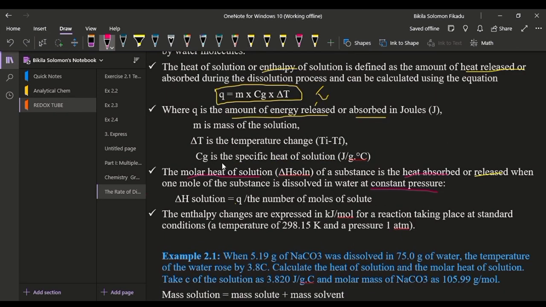So the other one is the molar heat of solution. So molar heat of solution means when a substance absorbs heat or releases heat when 1 mole of substance is dissolved in water at constant temperature.